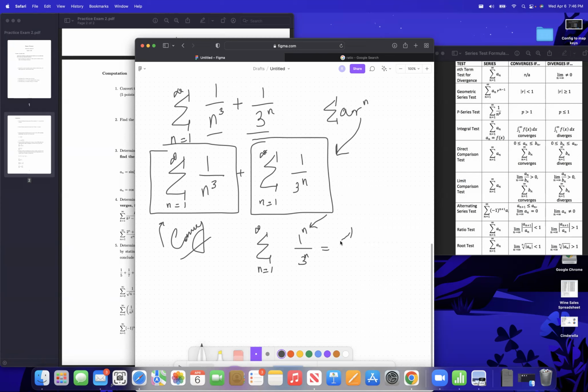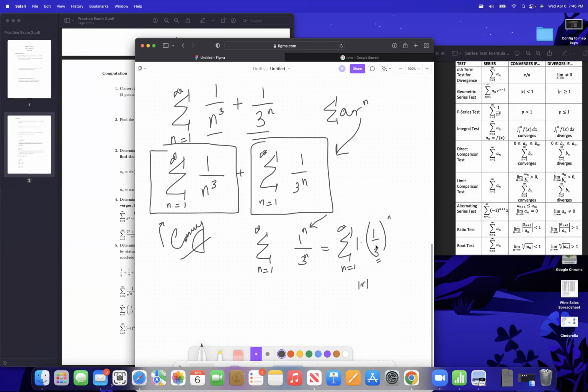And if this is true, then I can rewrite this as (1 over 3) to the n. I'm bringing this power out on top, and my a value is 1 here, so this is my r. They say take the absolute value of your r, and let's see what the geometric test says. If it's greater than 1, then you diverge. If it's less than 1, then you converge. So this is 1 over 3.